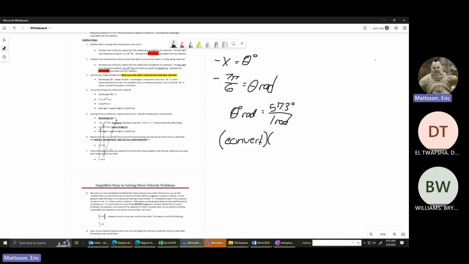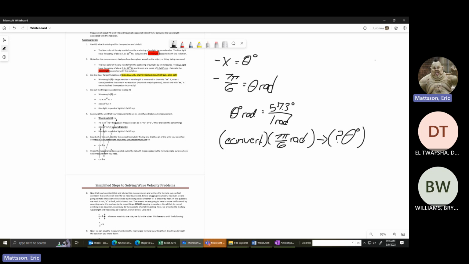So we're going to convert what I'm given. So 7 pi 6. I don't want this value in radians. I want to know how many degrees this is. So what is the angle in degrees?